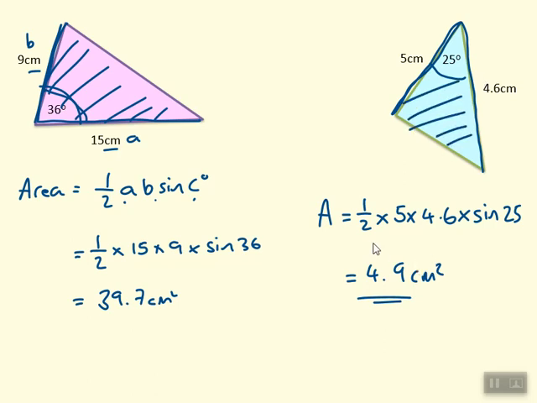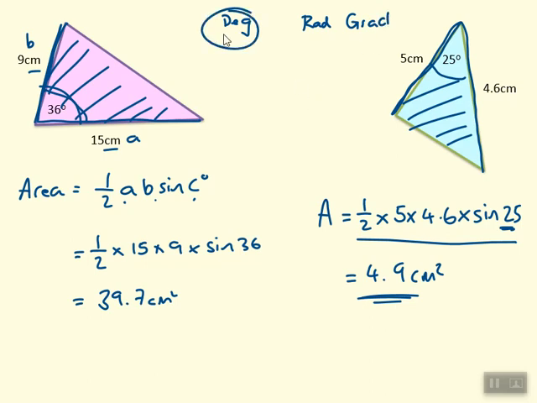What you should do is do that for yourself and see if you get the same answer. If you didn't, it's probably because your calculator is in the wrong setting. Remember, you need to see a little D at the top of the calculator, or DEG, which stands for degrees. If there's a little R or a G or the word rad or grad, then it's in the wrong setting. So make sure it's in the degree setting.